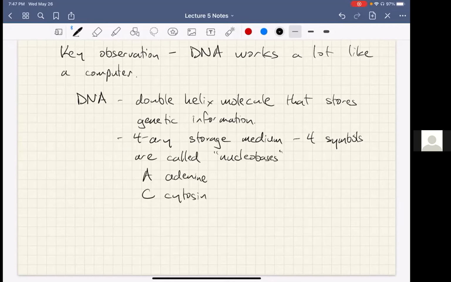These are just distinct molecules with particular names. G for guanine, and T for thymine. So there's nothing really magic about these. There will be something a little magic about these later, but for now, you can just think of them as a 4-ary storage medium on a tape.